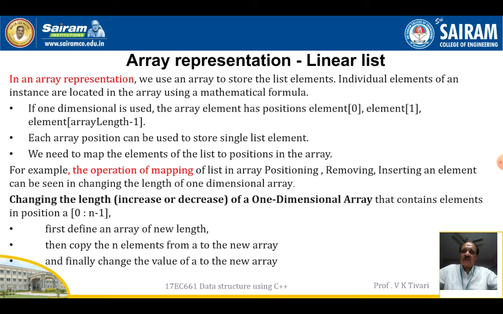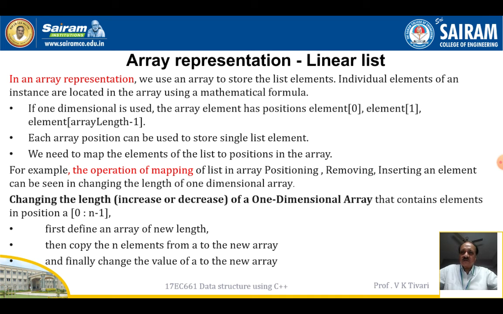We need to map the elements of the list to positions in the array, so that operations on the list, like removing or inserting an element, can be seen as changing the length of a one-dimensional array, increasing or decreasing the array that contains elements in positions 0 to length minus 1.